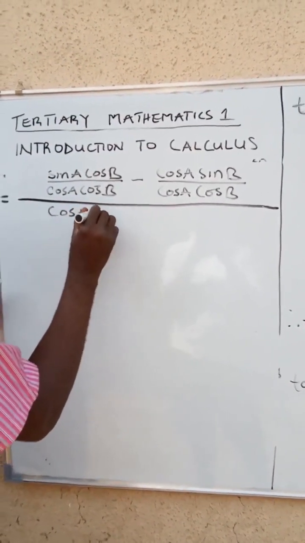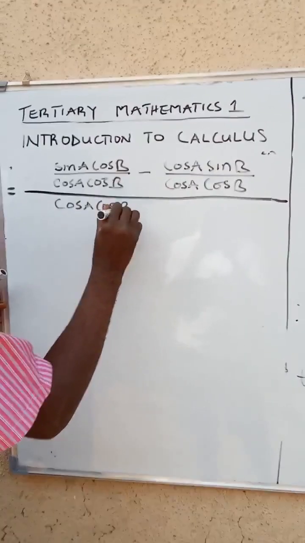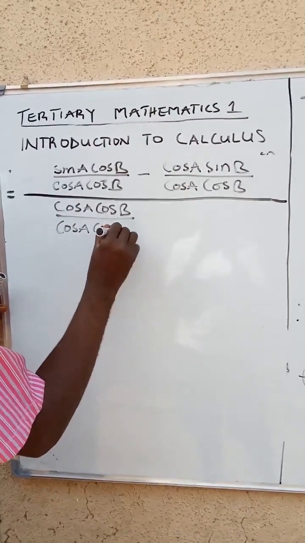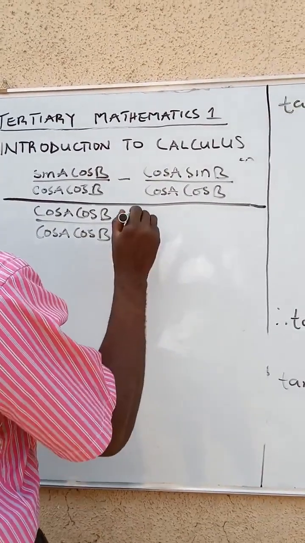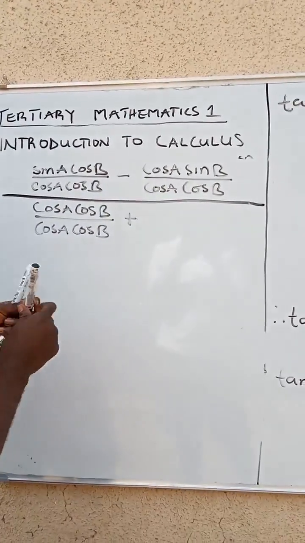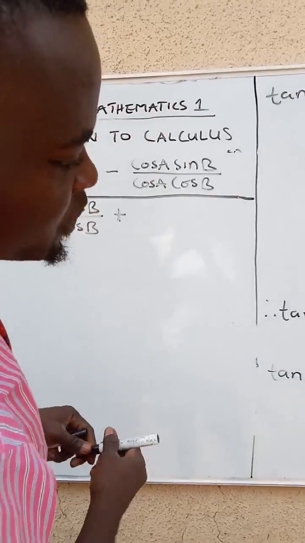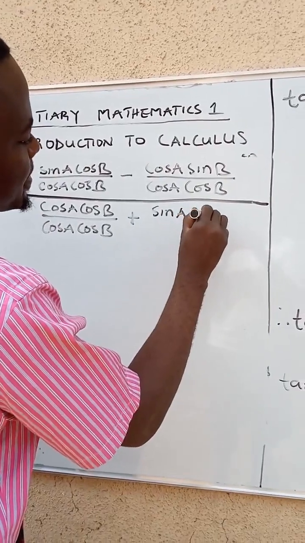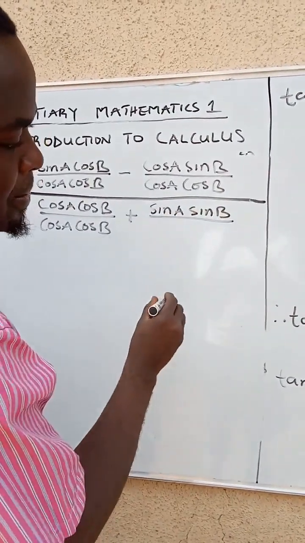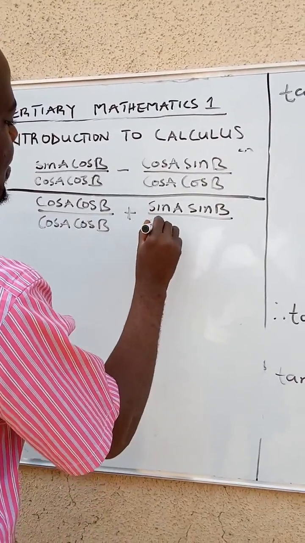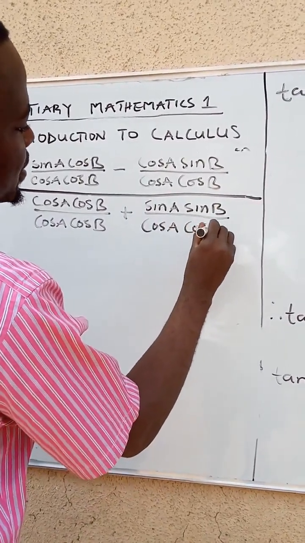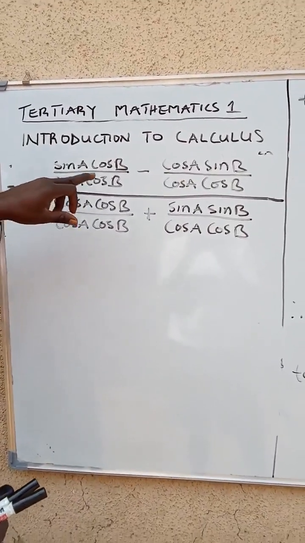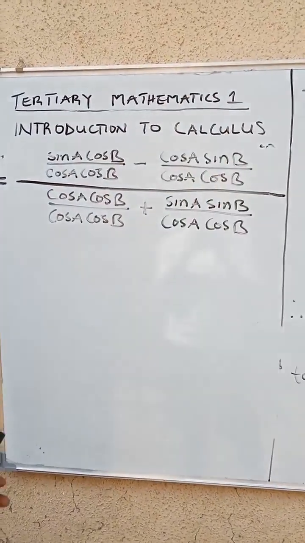Cos A cos B over cos A cos B plus, the marker, plus sin A sin B over cos A cos B. Now we all know that this very thing here, sine over cos is tan, and cos B is 1, just as I explained using 4 and 6.